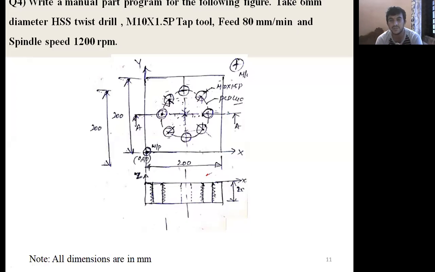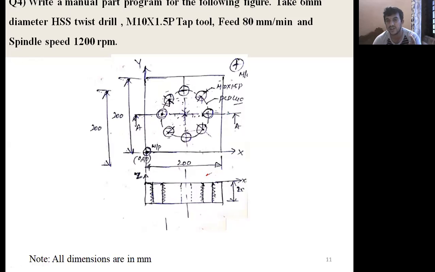Then after that, immediately go for how many operations are there here. First I want to produce a hole on each location, right? That is the first drilling operation. What drill bit is given? A 6 mm drill bit is given. First you produce a hole of 6. Now after this, can I go directly for tap 10? No, it's not possible.